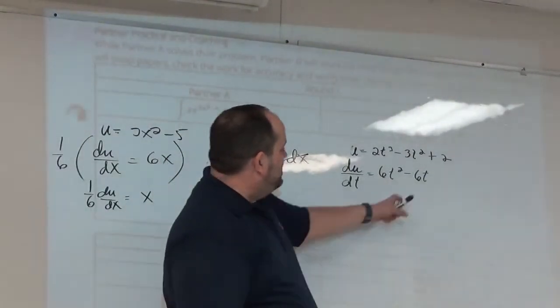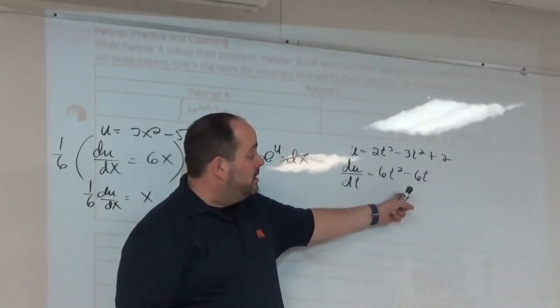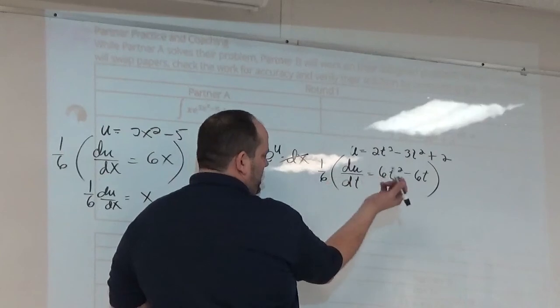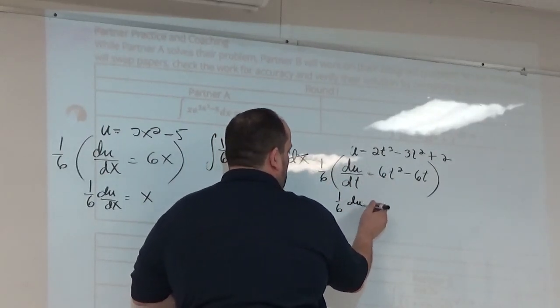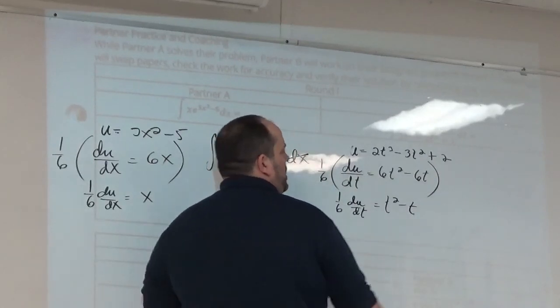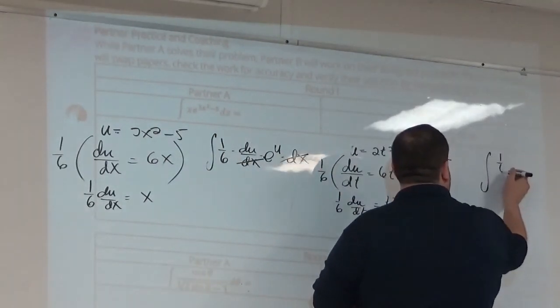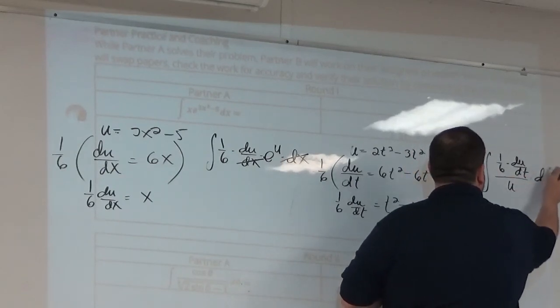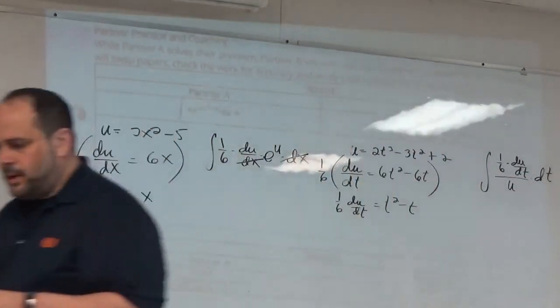How can I get this to be t squared minus t? Multiply by 1/6. Multiply both sides by a sixth, or tell me divide by a sixth, it doesn't matter. So 1/6 du is equal to t squared minus t. When you do the rewrite, you're going to get 1/6 du dt over u times dt. Finish it up, keep going.